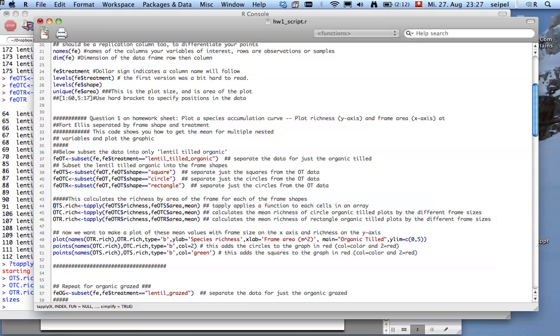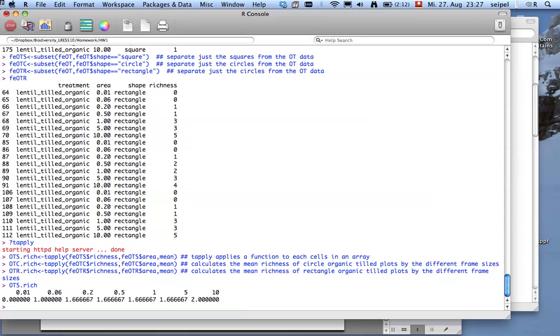And now we can look at each one of these individually by highlighting and calling it up. And you can see that all the plot sizes are labeled in increasing order by the number of species which we recorded in them. So we took the mean of all these plot sizes for the three replicates we had in organic.